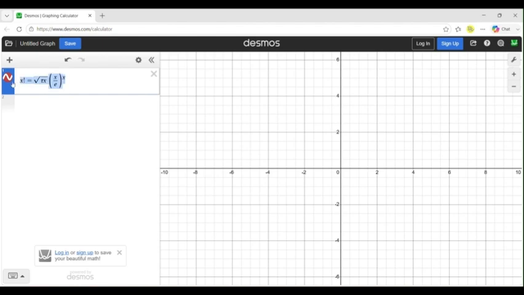So I'm going to rearrange this. Oh, there's the equal sign because I don't really want to put the approximation sign. I'm just going to rearrange this in Desmos. And that results in this.